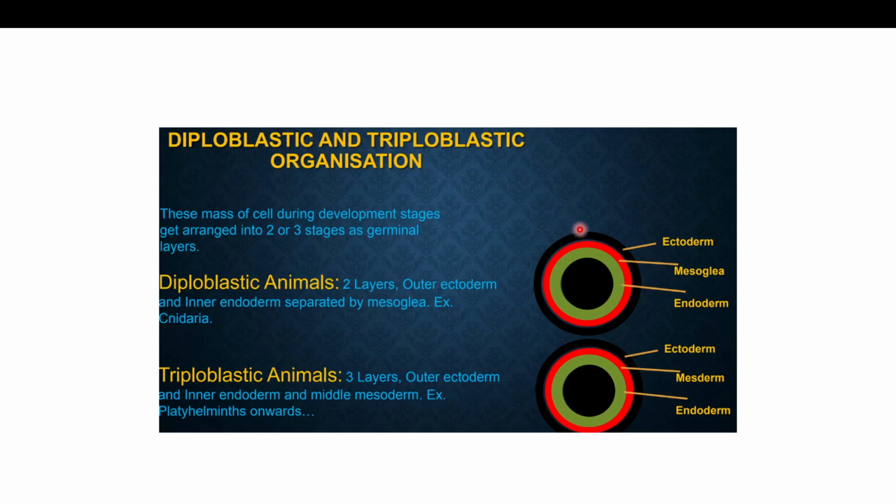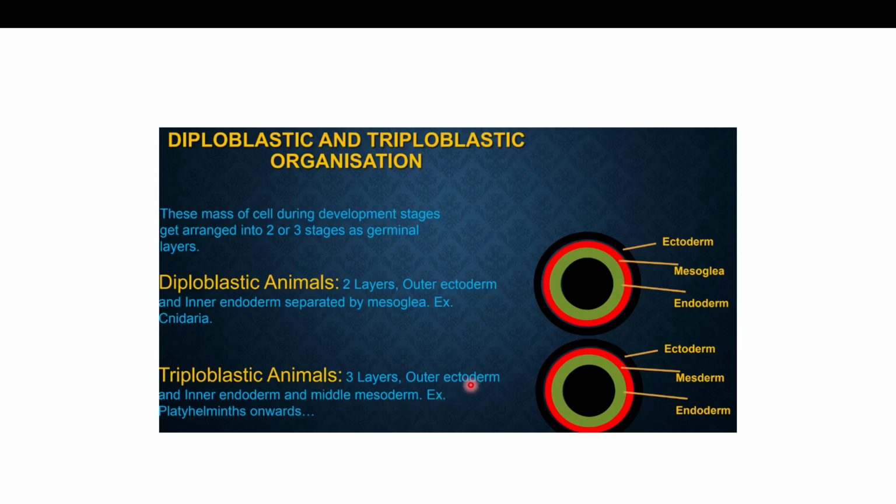So these are diploblastic and triploblastic organizations, the ones we talked about in the previous slide. Ectoderm is the outermost one, then there is the endoderm, and an undifferentiated mesoglea in the middle. In diploblastic animals, the outer ectoderm and inner endoderm are separated by this mesoglial region.